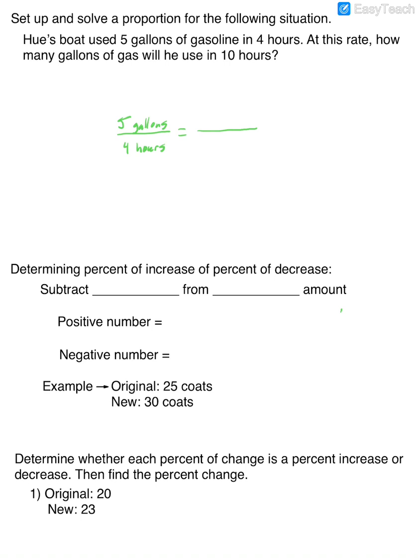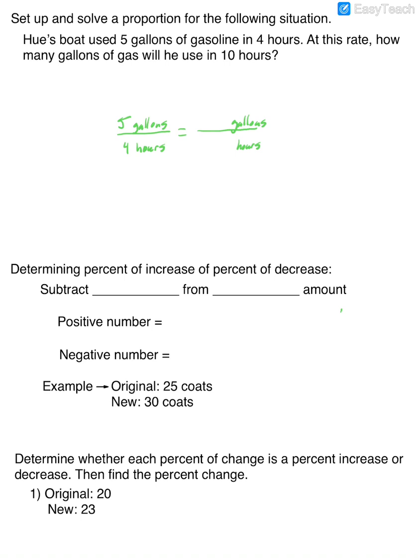Then on the other side, you should keep it the same as well. So it should be gallons over hours, just so you're always speaking the same thing. If you're saying miles per hour, you put miles on top and hours on the bottom.